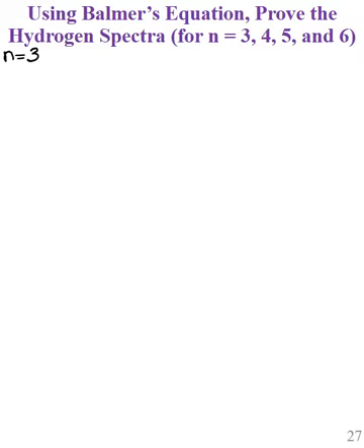The equation that I need to use is the Balmer equation, which would be 1 over wavelength is equal to the Rydberg's constant times 1 over 2 squared minus 1 over n squared. Now, they need us to show the different wavelengths we can get when we have n equals 3, n equals 4, and so forth. The first one we'll do is 3. So let's plug 3 in.